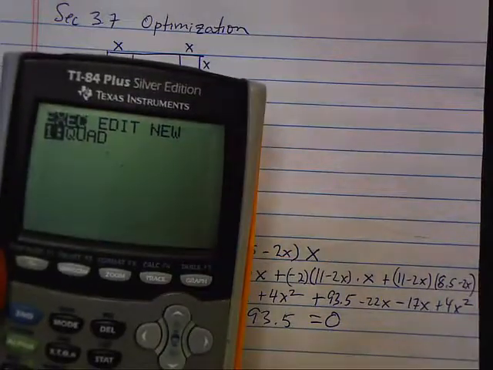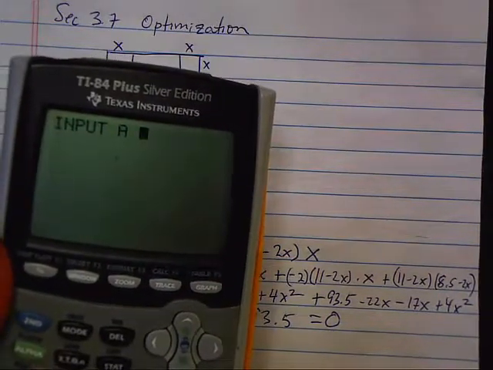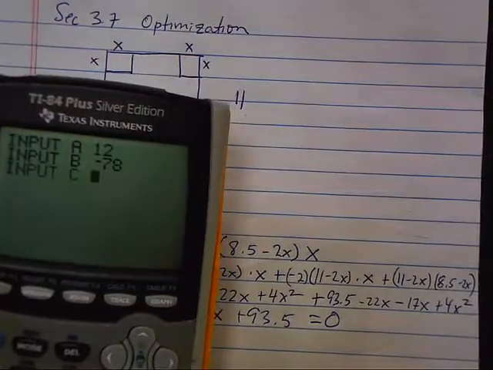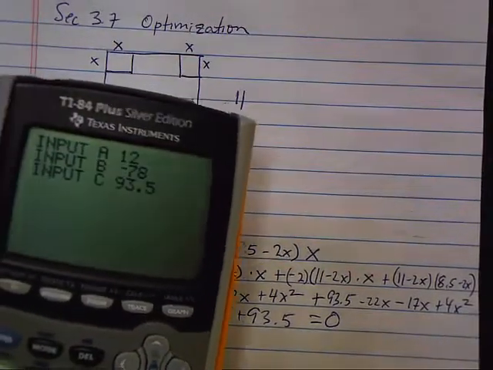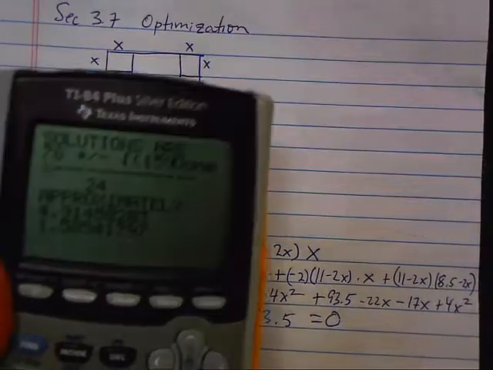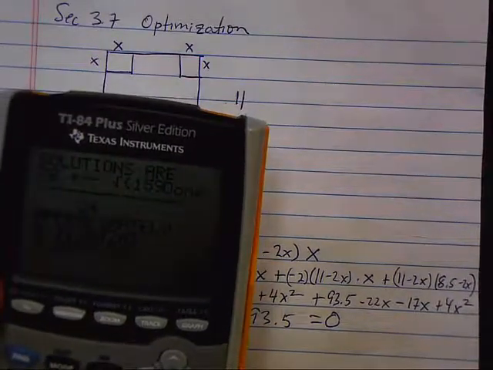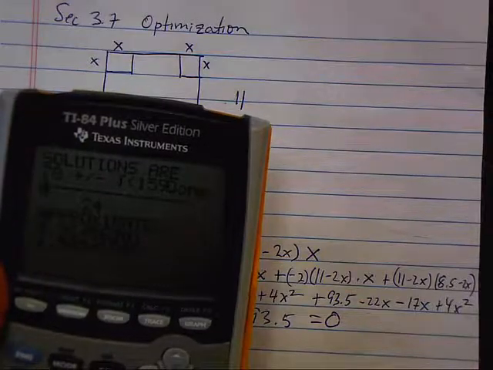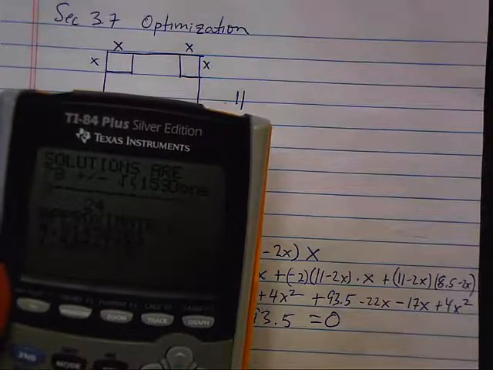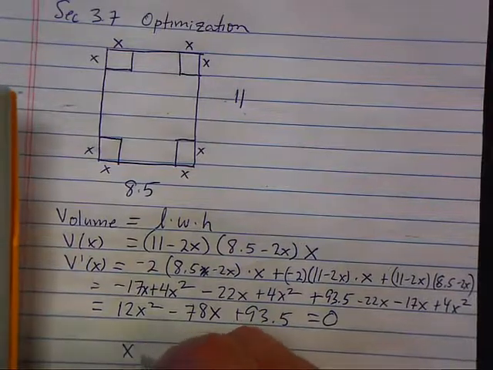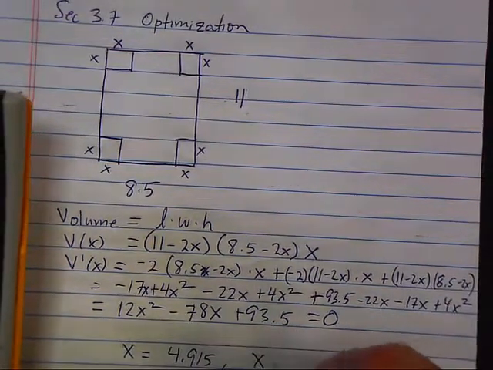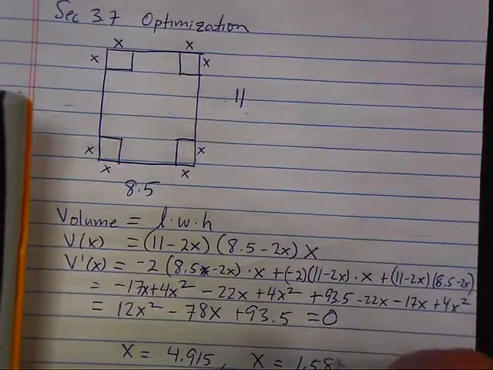All right, program. Quadratic formula. 12, negative 78, 93.5. Calculator tells me x should be 78 plus or minus the square root of 159 divided by 24. So x is approximately, we get two answers, 4.915, or x is 1.585.